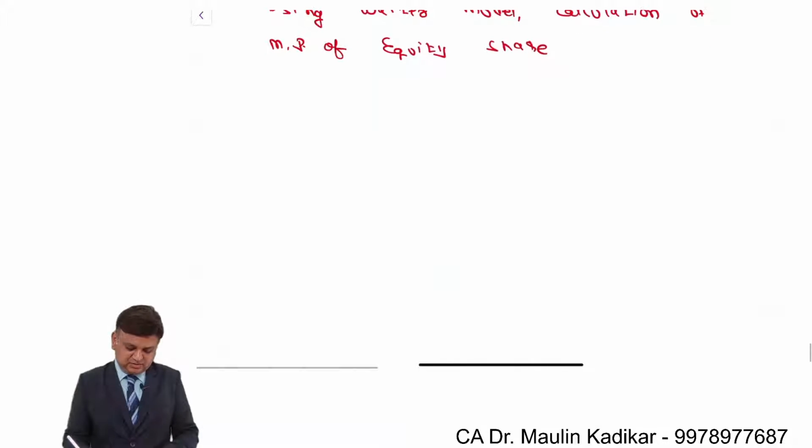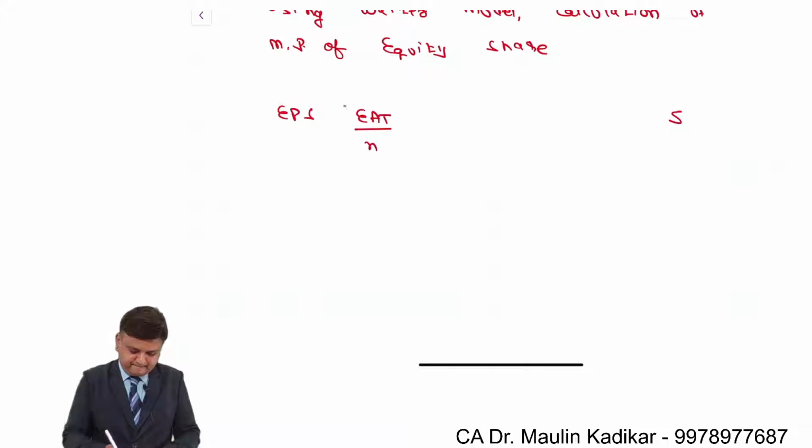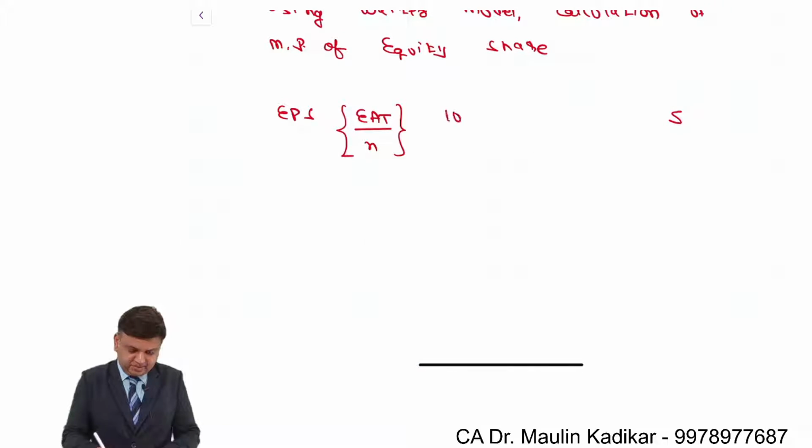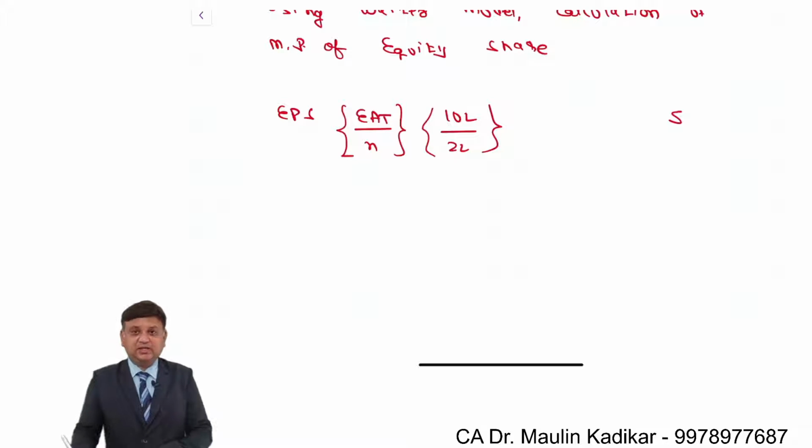Please write the answer. Earning per share is 5. That is earning after taxes divided by number of shares. So it is 10 lakhs upon 2 lakhs. So earning per share is 5.